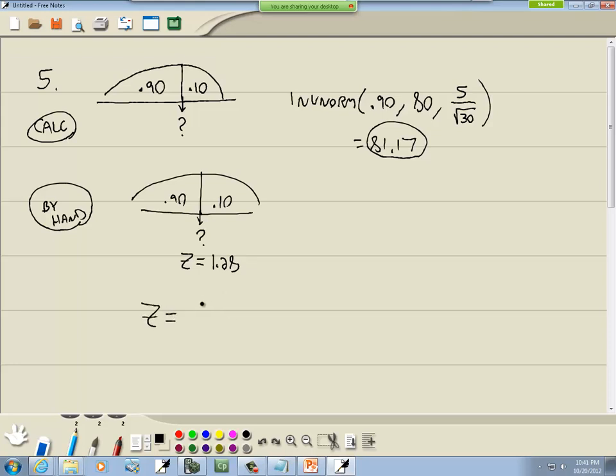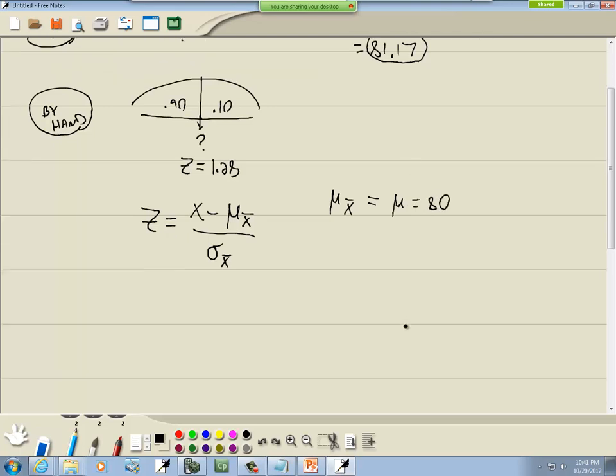Now z is equal to x minus mu sub x bar over sigma sub x bar, and mu sub x bar is equal to mu, which we said was 80. Sigma sub x bar is equal to sigma divided by the square root of n.